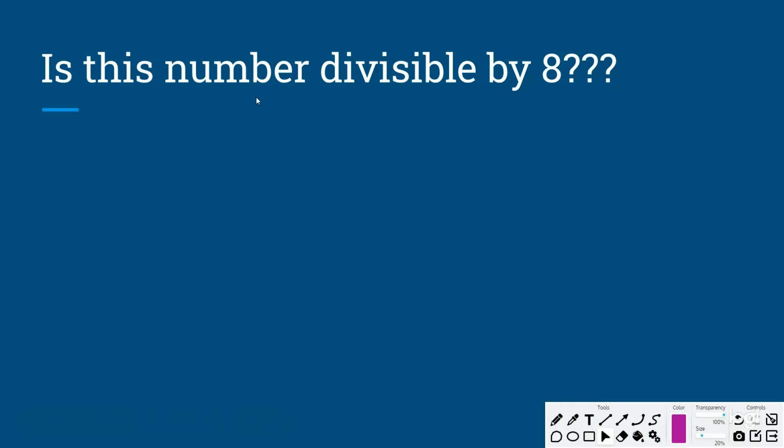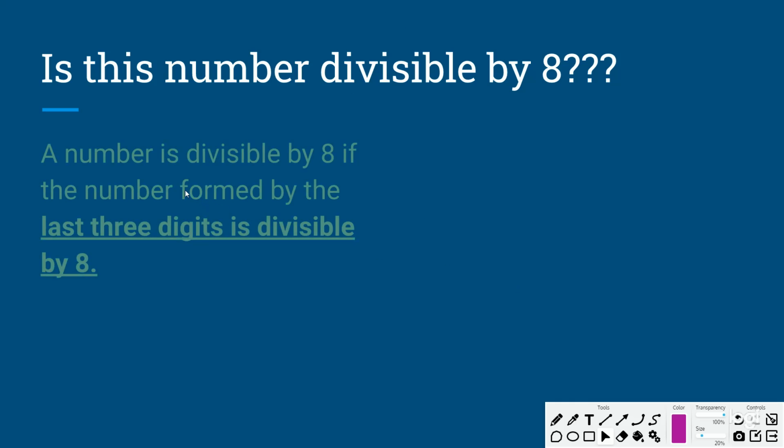Then for 7, there's not really a good one for 7. It's a little bit complicated, so we're not going to do a divisibility rule for 7. But we're going to move on to 8. So 8 is very similar to 4. A number is divisible by 8 if the number formed by the last 3 digits is divisible by 8. So for 4, it was the last 2 digits, but for 8, it's the last 3 digits.